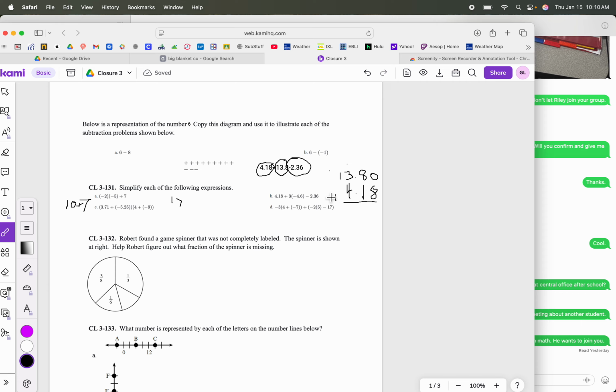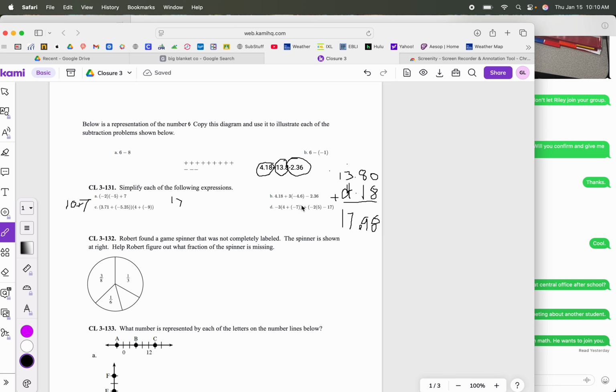Since we're combining positives, it's just an addition problem. 0 plus 8, 8 all day. 8 plus 1, 9 all day. Bring down your decimal point. 4 plus 3, I know is 7. 1 plus 0 is 1.